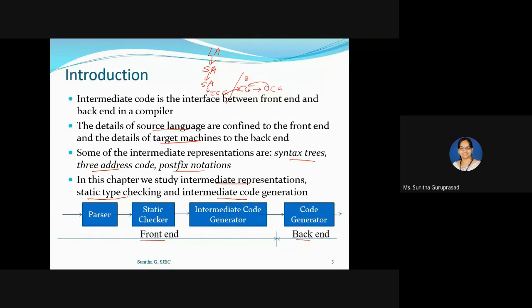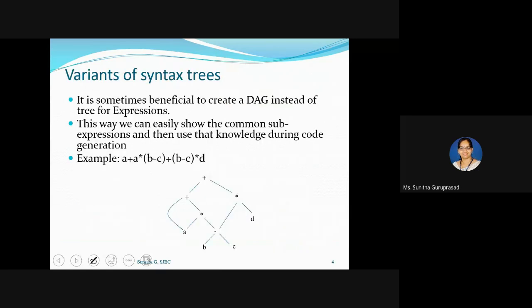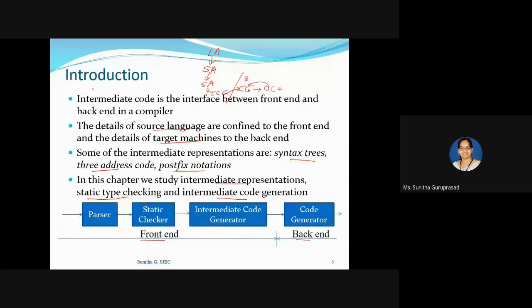So what are the main benefits of the intermediate code generator? I have not included a slide here. The first main benefit is that a compiler for different machines can be created by attaching different backends to the existing front end of each machine.